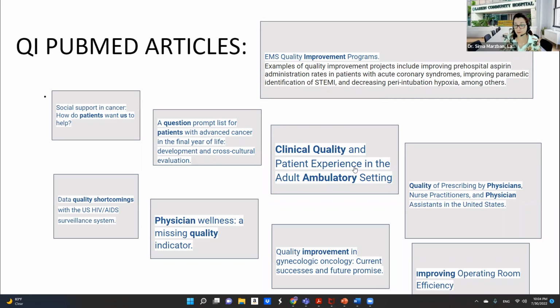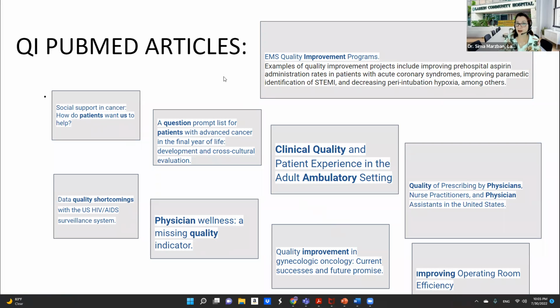Clinical quality and patient experience in the adult ambulatory setting, quality of prescription. Many things here, physician wellness and missing quality indicators. So you can work on something that is relevant to you, relevant to residents, fellows, and clinicians in the hospital setting. Improving operating room efficiency.